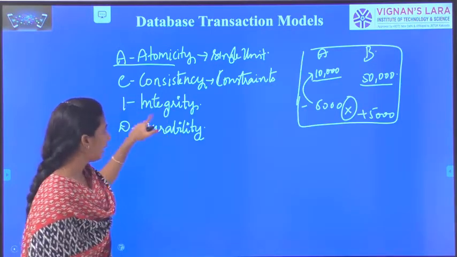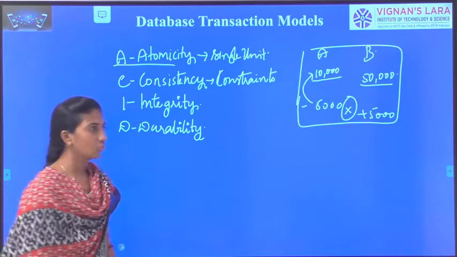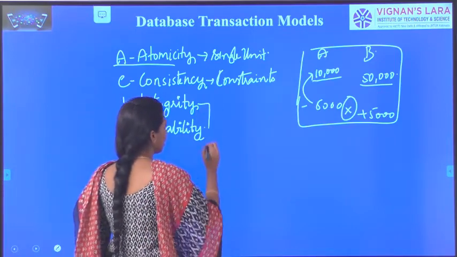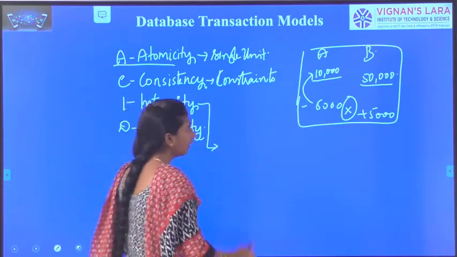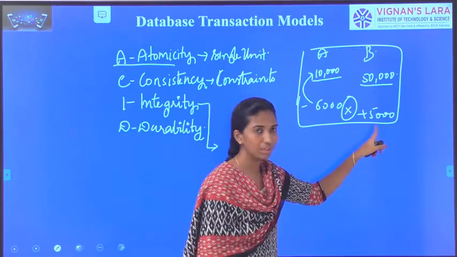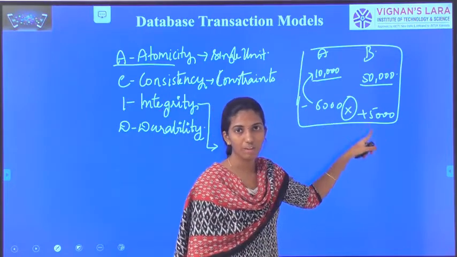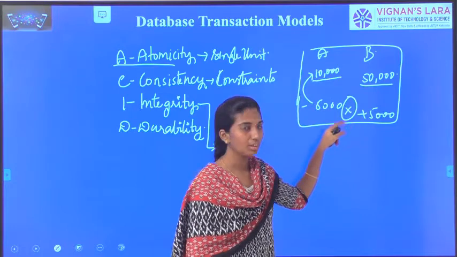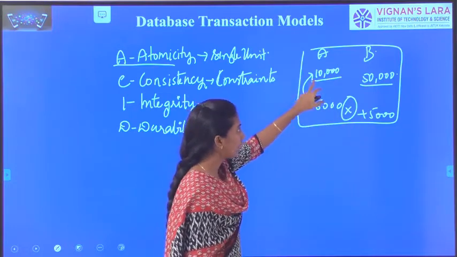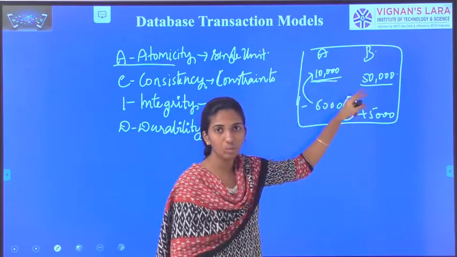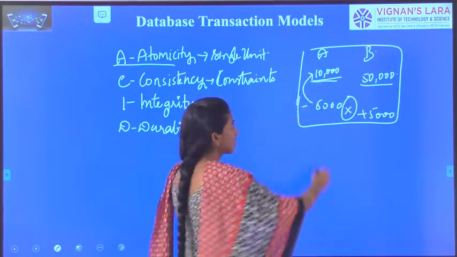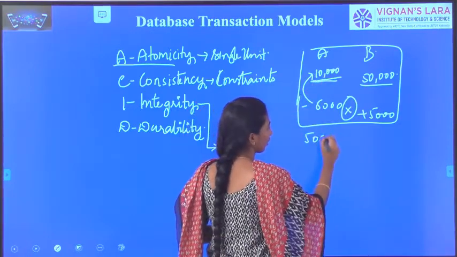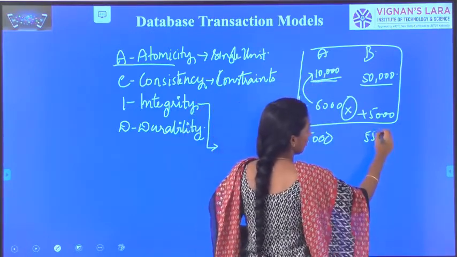Okay. And integrity. What does integrity say? Whatever amount has been debited or credited, the end amounts should be equal to the sum. That means here it is 5,000 and here it will be 55,000.